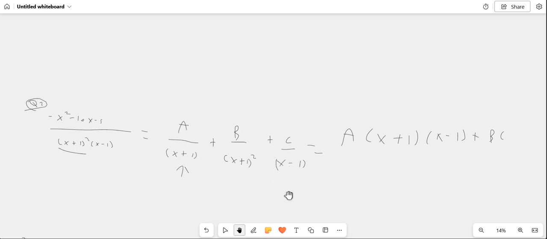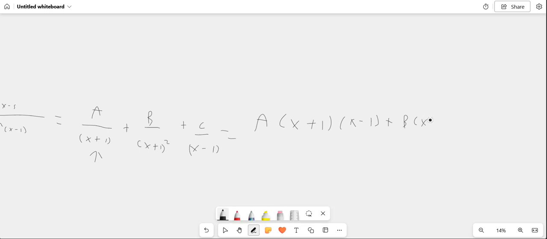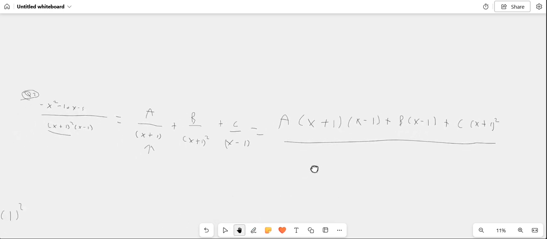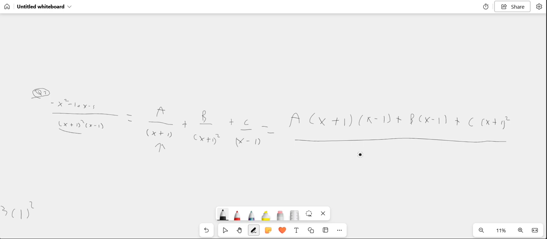So therefore it just needs x minus 1 to be times by it. And as you see, you'll see a little trend here, yeah? And then plus c, obviously you're going to be timesing that by x plus 1 squared, yeah? Because that's the only thing that's missing. That accounts for x plus 1 anyway, yeah? All of that over the denominator, yeah? So x plus 1 squared, x minus 1.